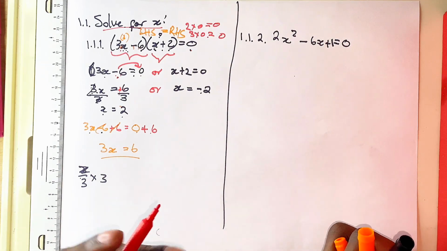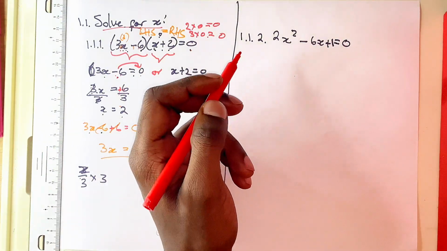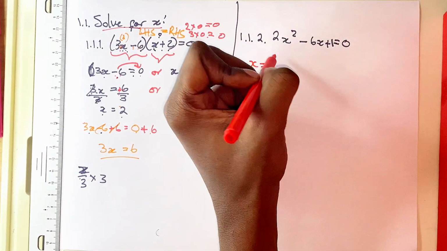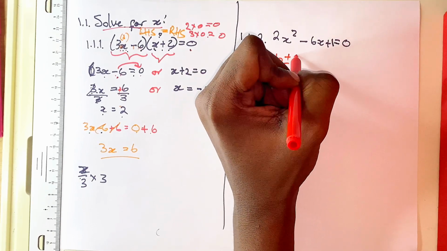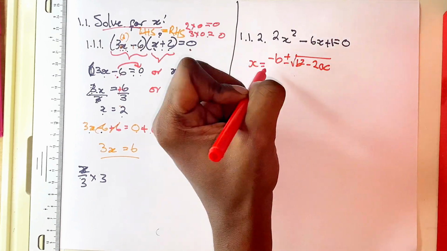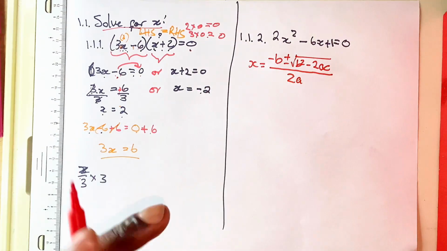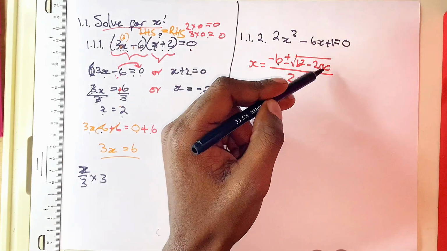If it is not there, it will be very important for you to know it by heart. It is quite a simple formula that goes that x is equal to minus b plus or minus root of b squared minus 2ac all over 2a.